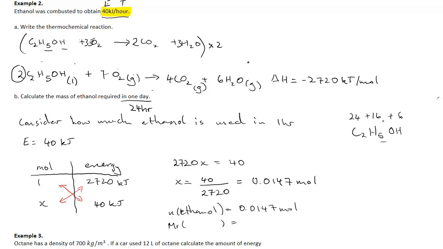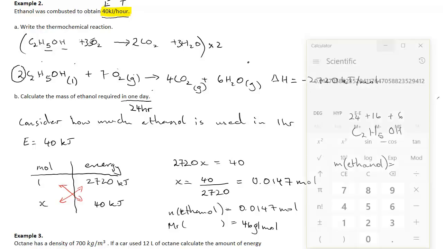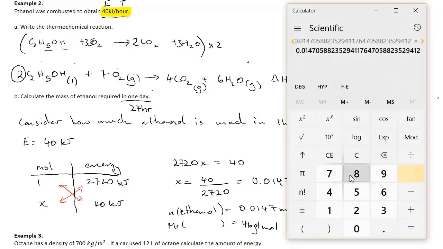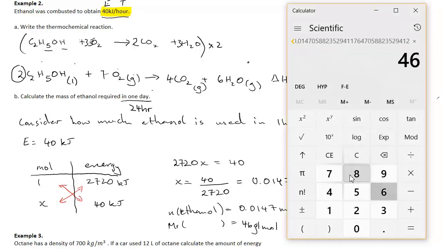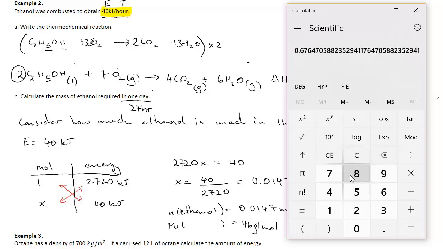That gives us 46, so our molar mass is 46 gram per mole. Then we can work out the mass of ethanol. We multiply the mole by the molar mass, so times by 46. 0.676.